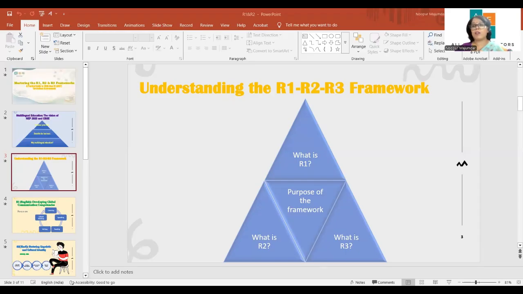Now, what is R2 then? R2 is another language that develops academic proficiency and communication skills. It may be English or any other language. CBSE has not specified that Hindi will be R1 or English will be R2. The language which is used in your school mostly is R1.